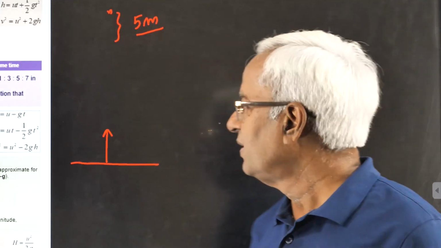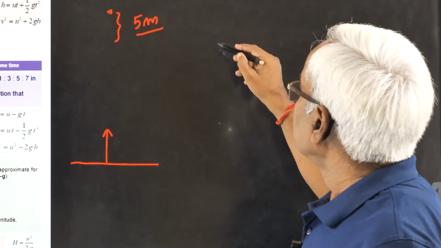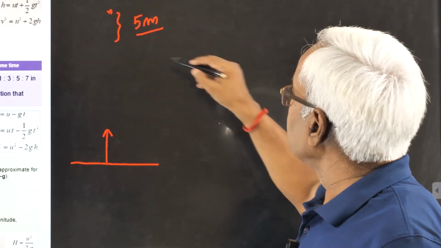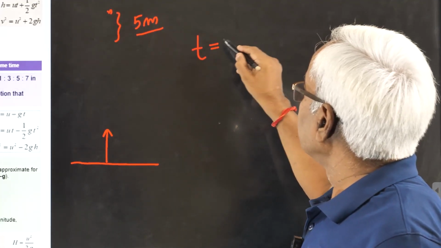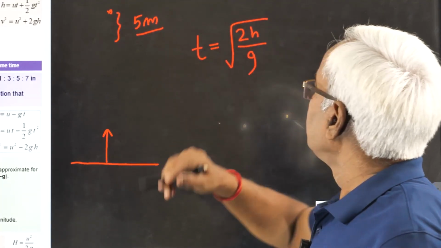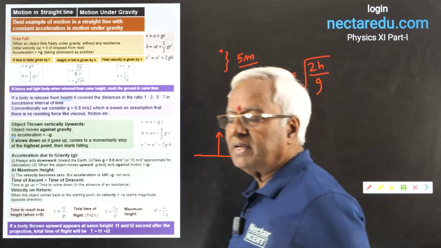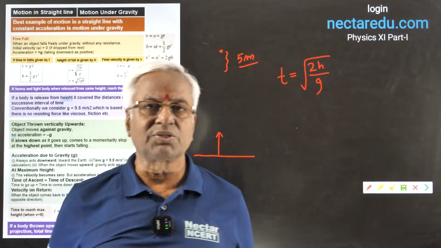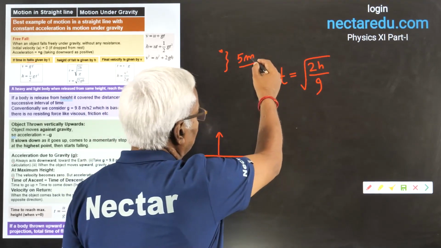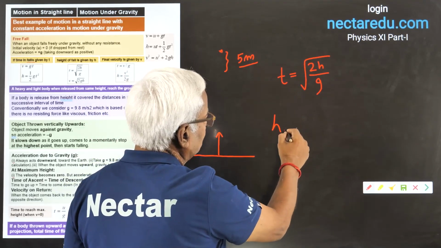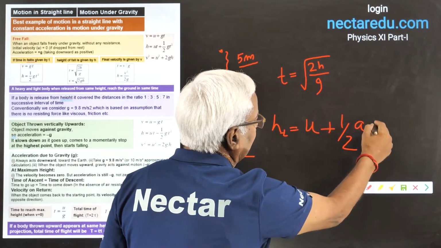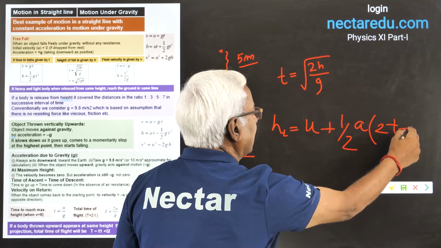How is that? You can prove it by this method. The total time here is equal to root 2h upon g. By putting this, you can say the last second distance traveled will be equal to g by 2. The formula for distance traveled in the tth second is h_t equal to u plus half a (2t minus 1).